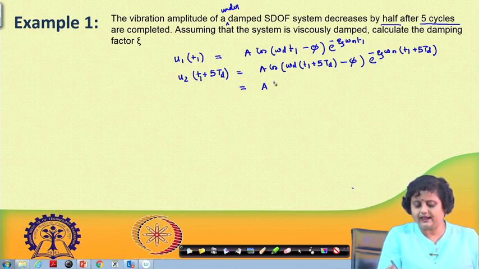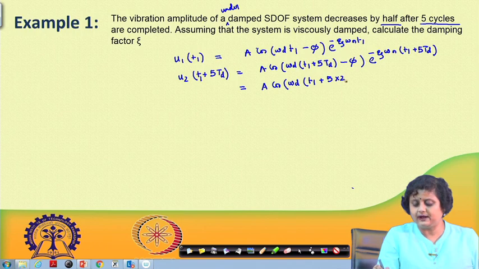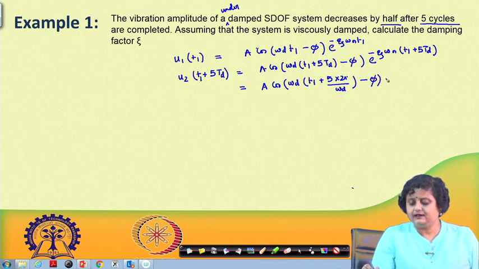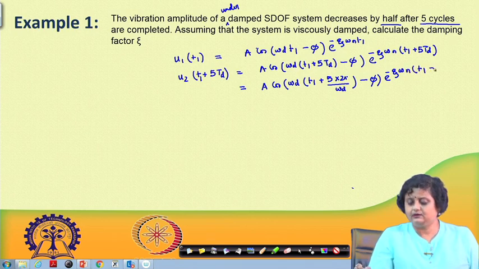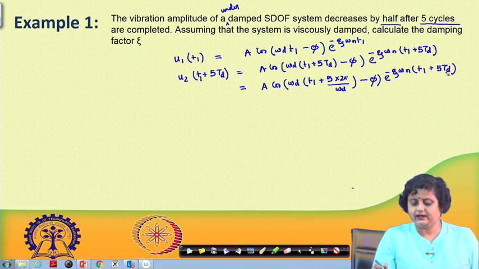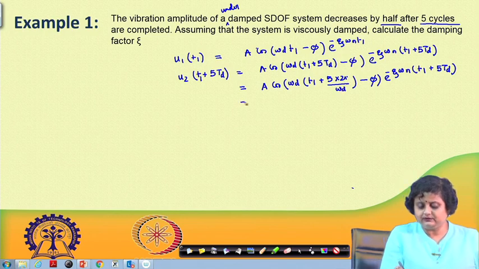This is going to be A cos(omega d (t1 plus 5 into 2 pi by omega d) minus phi) into e to the power minus zeta omega n (t1 plus 5 Td). Okay. Now, this omega d is going to get cancelled with this omega d.